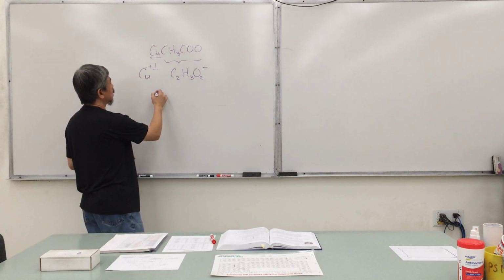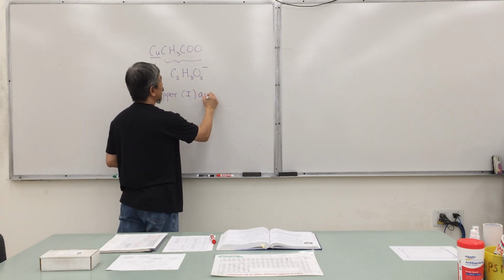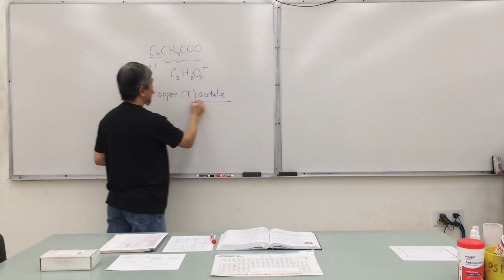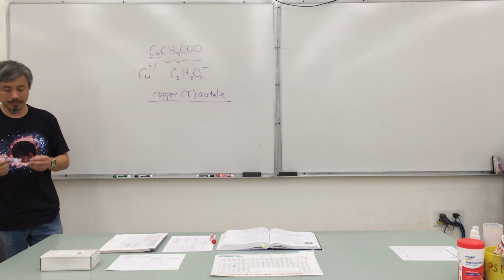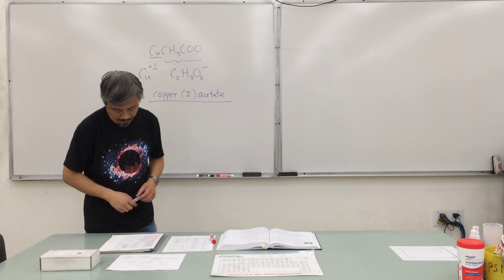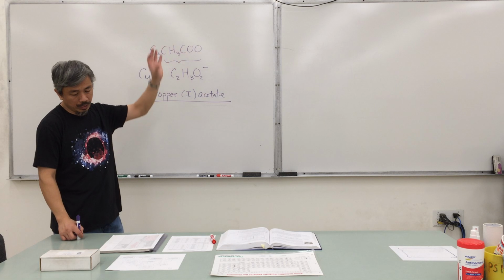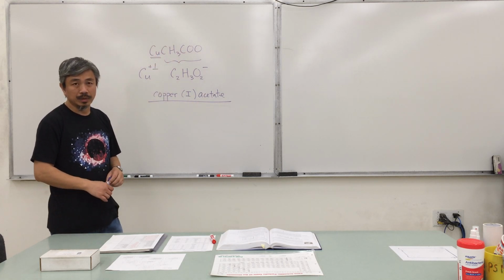So if that's the case, this is now going to be copper. Remember now, the charge 1, acetate, copper 1 acetate. Alrighty. So again, given the chemical formula, we should now be able to come up with a name for it.